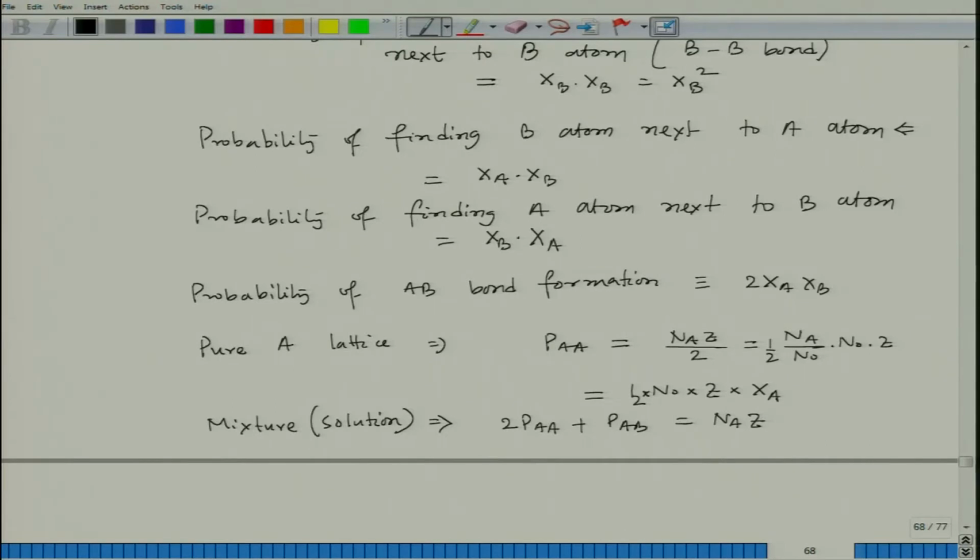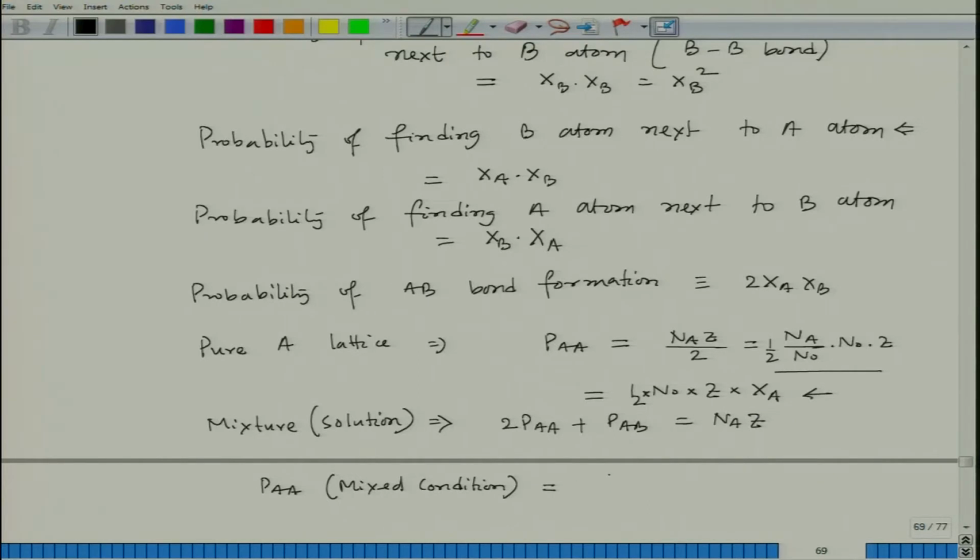Now, if I try to find out PAA in the mixed condition, at that time I have to just multiply this factor with XA, because I am trying to find out the position of A next to another A atom.